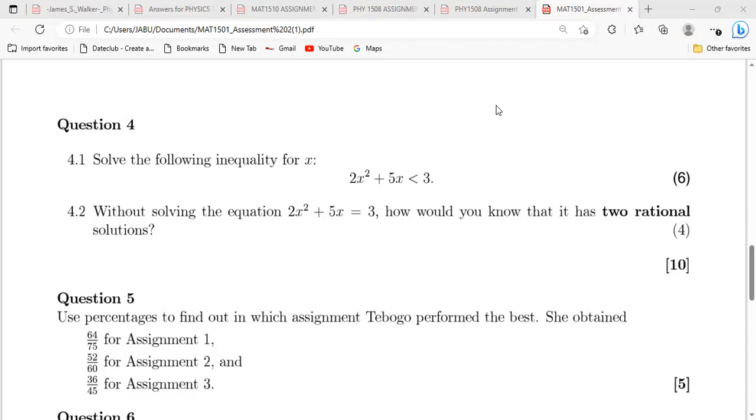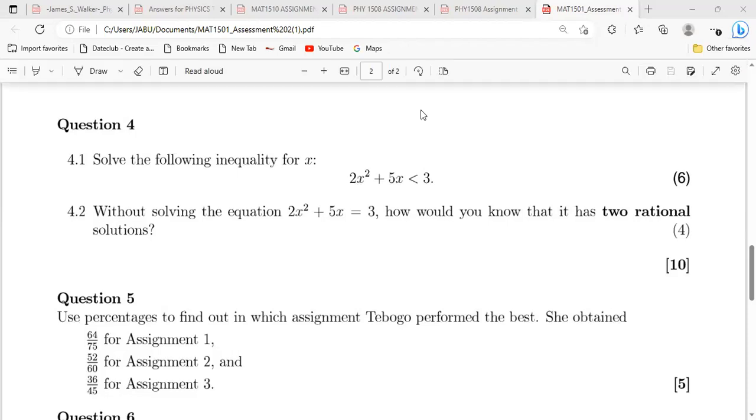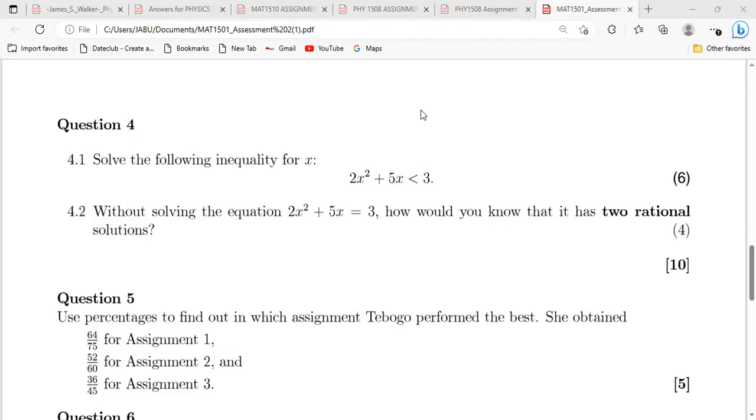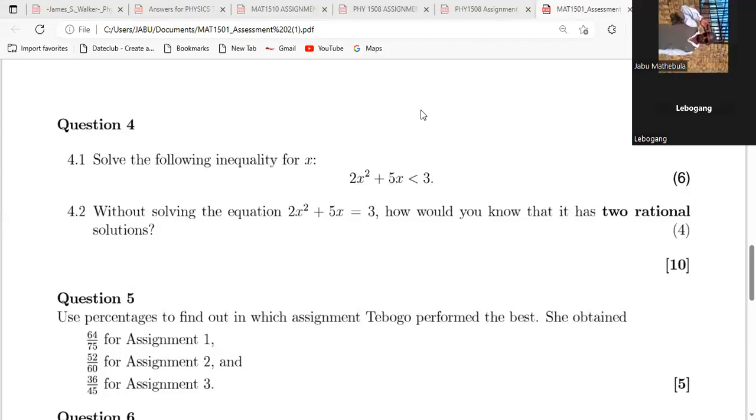That's from the notes that I gave you. Also if it is a positive non-square number, we have two irrational solutions. But if it is a zero, we have one rational solution. If it is negative, we have two imaginary solutions. Okay.